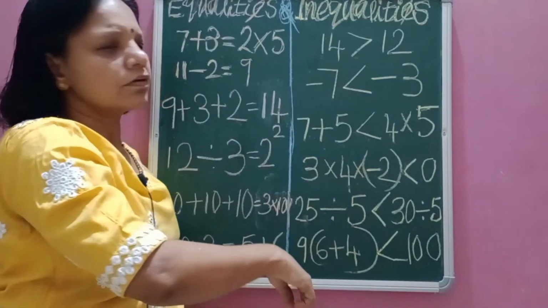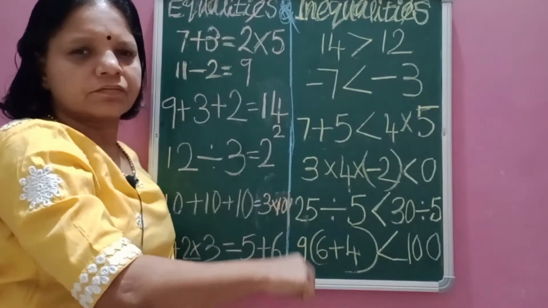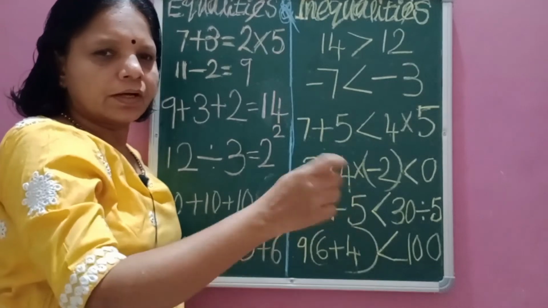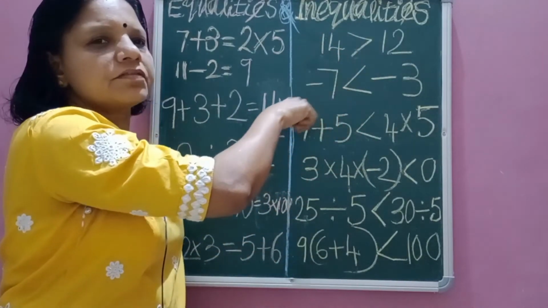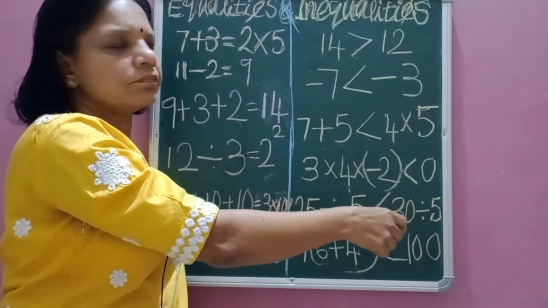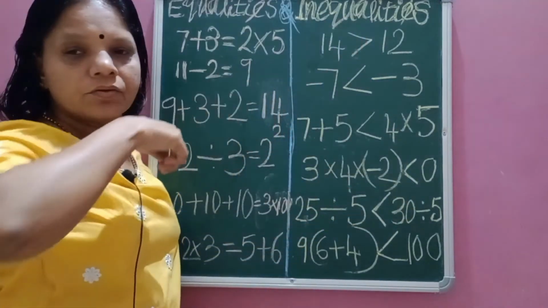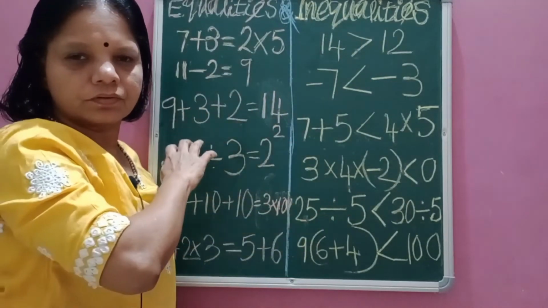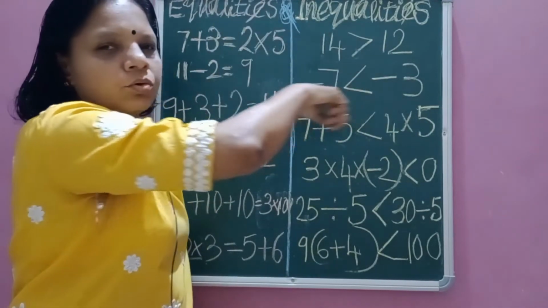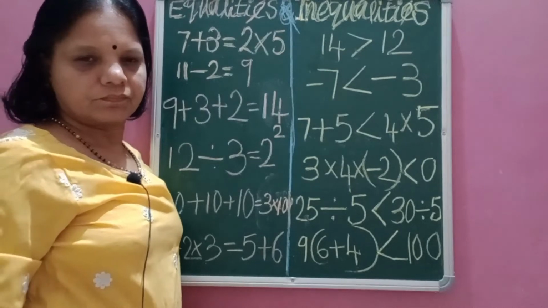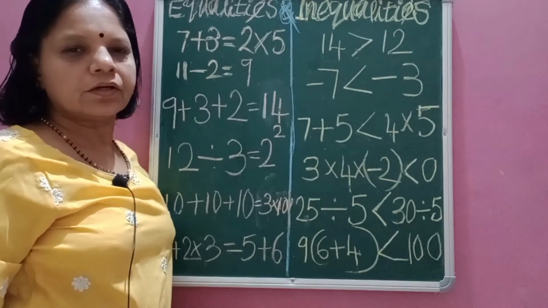Such expressions which are not equal, represented by a greater than sign or less than sign in between them, are called inequalities, the opposite of equalities.